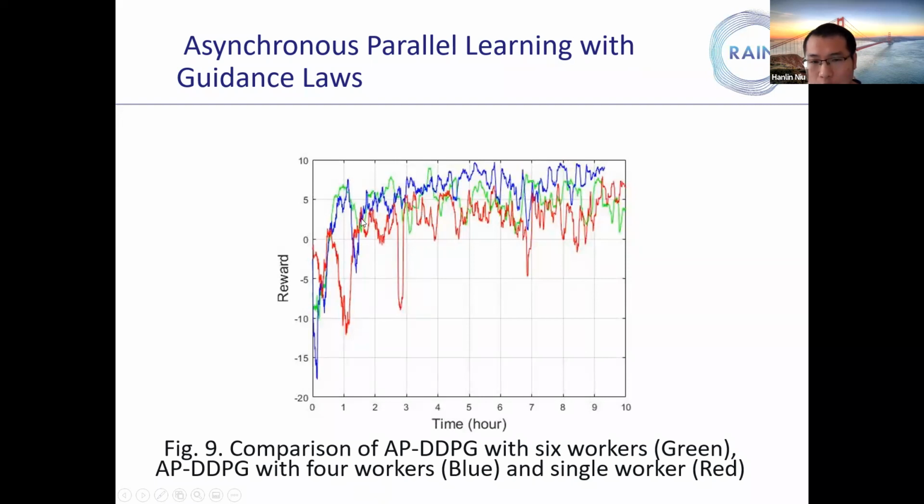We can find that using a single robot, we need around 6 hours for the reward to achieve number 6. But using 6 robots or 4 robots, we can achieve it in less than 1 hour.